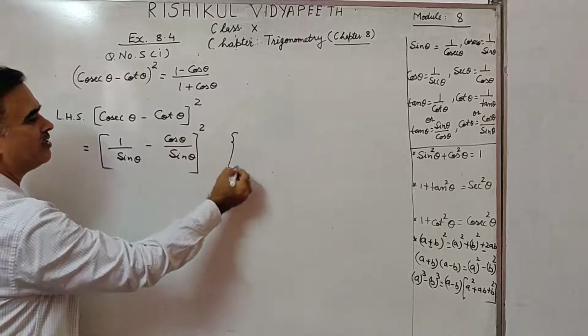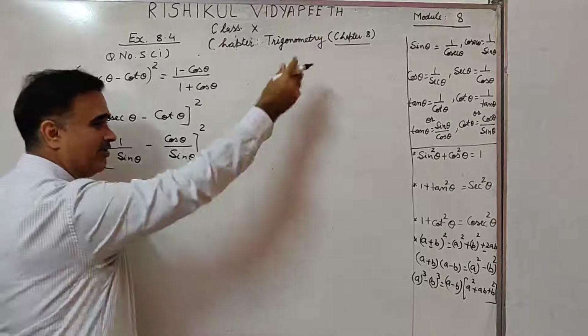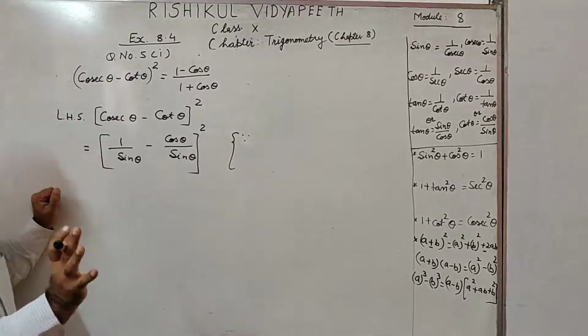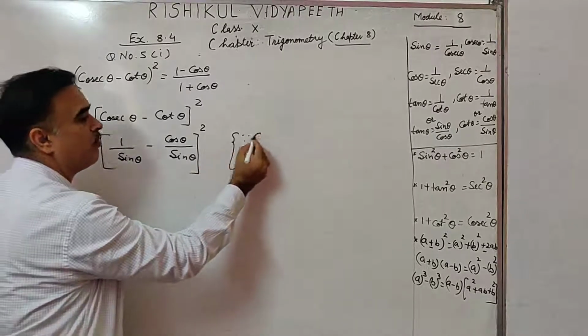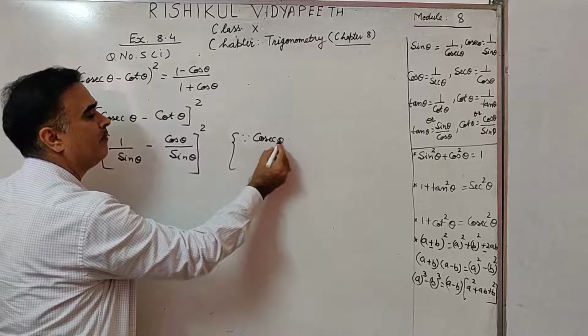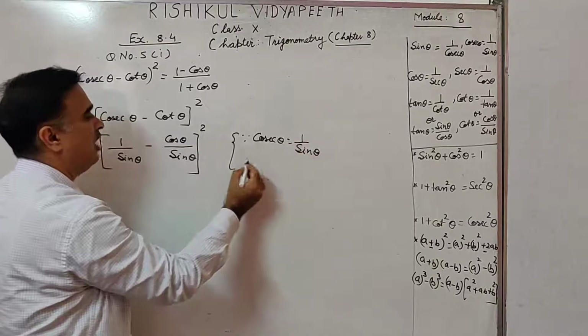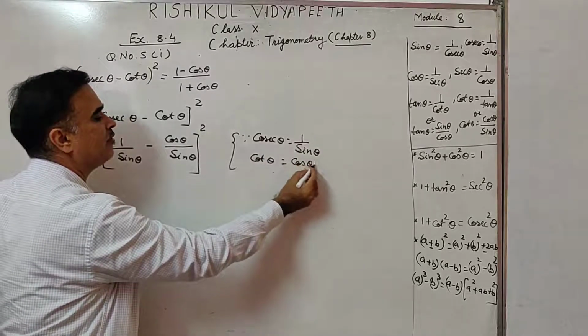Why we put this? You can give a reason also. I have written it, but here I am showing how you can do it in your solution of these questions. So in place of cosec theta, we can write 1 upon sin theta, and cot theta equal to cos theta upon sin theta.